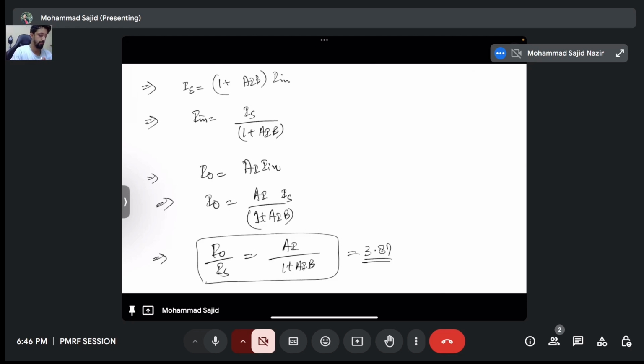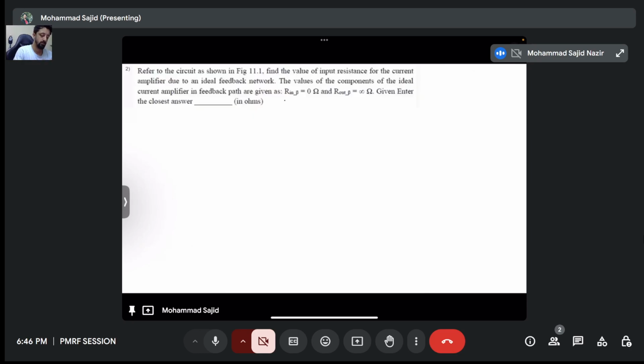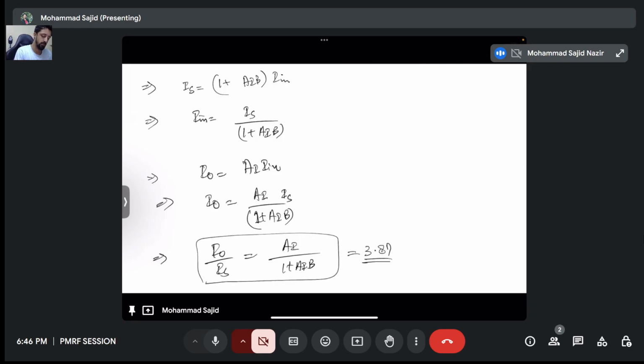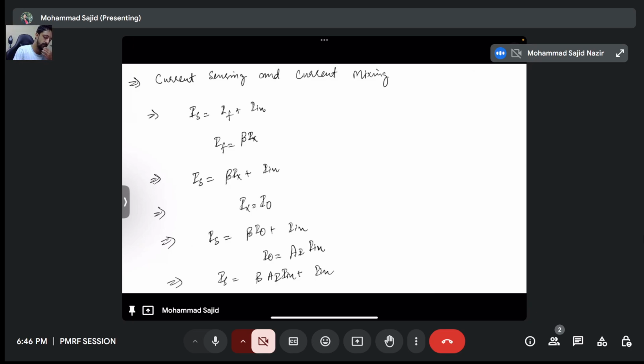Next, refer to the circuit again, the same circuit. Find the value of input resistance for the current amplifier due to an ideal feedback network. The values of the components of the ideal current amplifier are given. Let's draw the circuit. Since we have to find the input, let me just draw the input circuit.